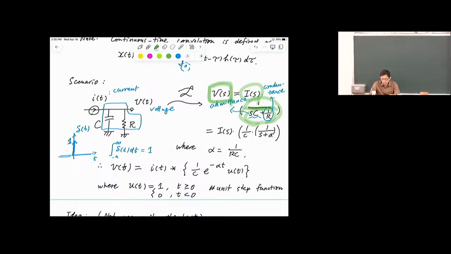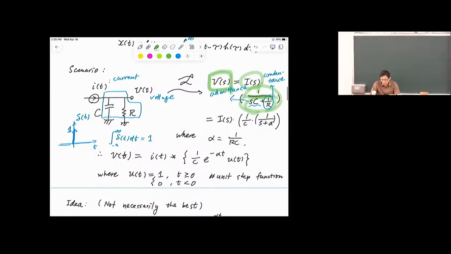Allow me to reorganize our terms a little bit. Let's extract 1 over C to the outside, and then the inside becomes S plus a constant alpha, where alpha is 1 divided by RC.